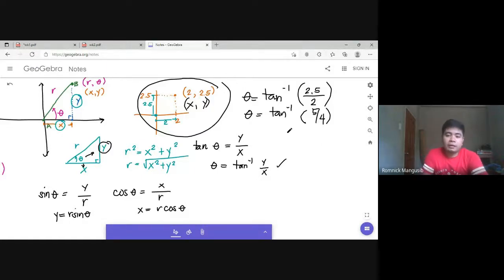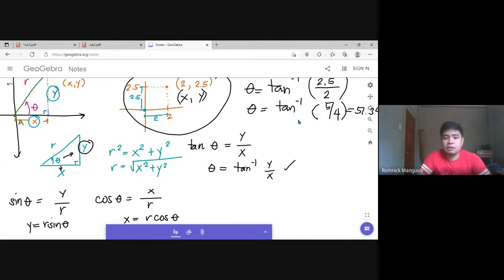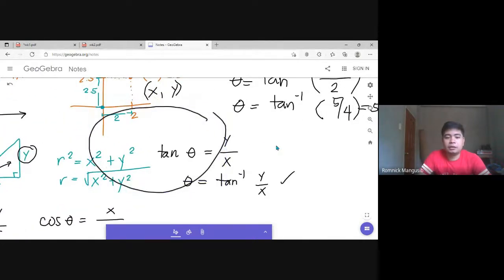Okay. Ngayon, class, kapag kukunin mo yung angle ng arctangent 5 over 4, dapat naka-degree mode ka, di ba? Arctangent of 5 over 4 is approximately 51.34 degrees. This is just approximated, 51.34 degrees. So, ang ibig sabihin nito, class, pag babalik tayo sa illustration natin, ang angle na kayang i-form nito, pwede ko lang mag-drag.